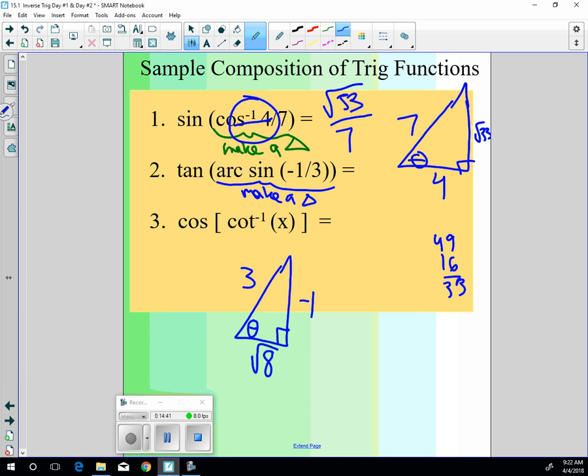Yep. And they might have to tell us which quadrant we're in. We'll deal with that tomorrow. This is a little tricky, but not that bad. So now I can take the tangent of this, which is opposite over adjacent. 1 over the square root of 8.